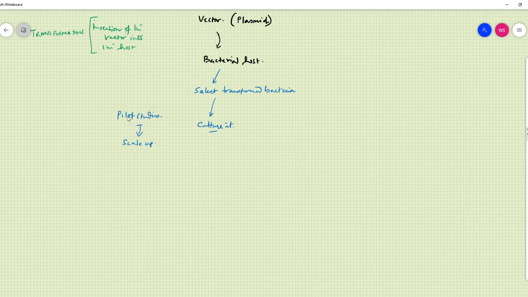Okay, so what is pilot study? It is done in the lab. What is scale up? When they produce it in the biotech company. Okay, so first they do pilot studies and they scale it up. So when they scale it up, they try to grow it in something called a bioreactor.